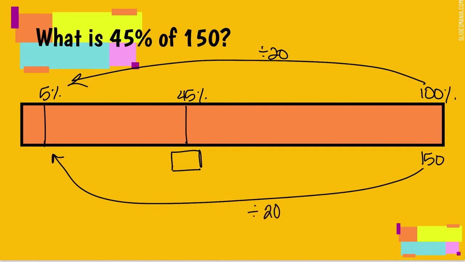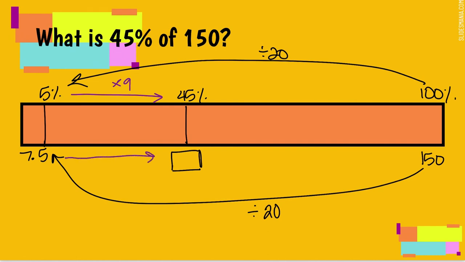And when you divide 150 by 20, you get 7.5. And now that I know what 5% is, I'm going to multiply 5 by 9 to get to what I'm trying to find.